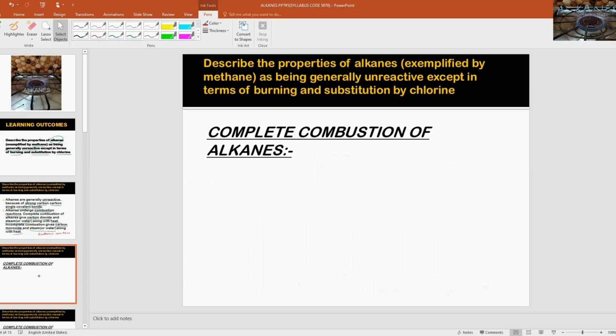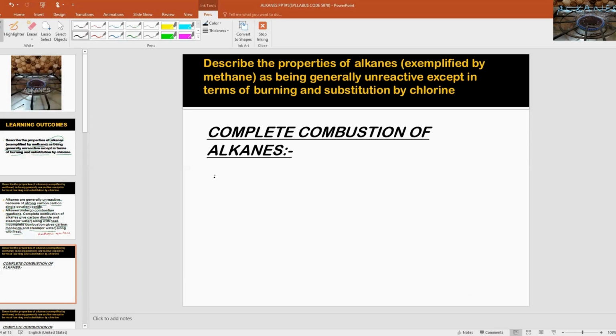Complete combustion of alkanes. The word equation for the complete combustion of alkanes will be like this. The sign of delta H will be minus because the reaction is exothermic. I've taken the example of methane according to the learning outcome.